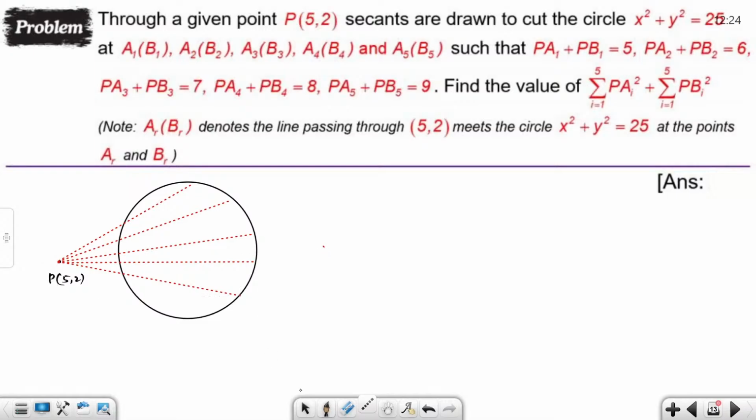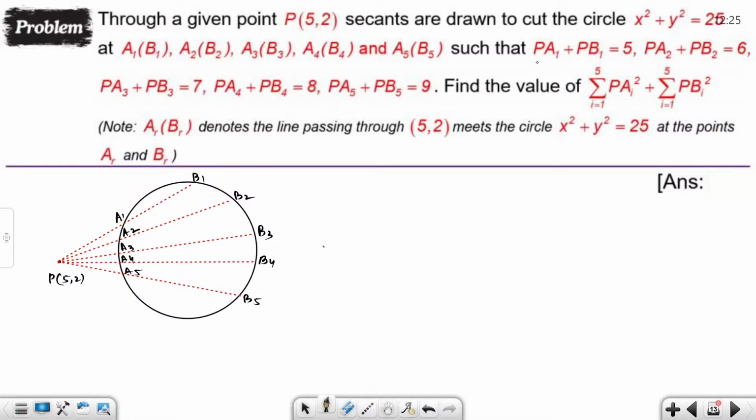So these are the 5 secants which have been drawn from point P. And they're intersecting the circle respectively at A1, B1, A2, B2, A3, B3, A4, B4, and A5, B5. Am I correct? So these are the 5 secants.